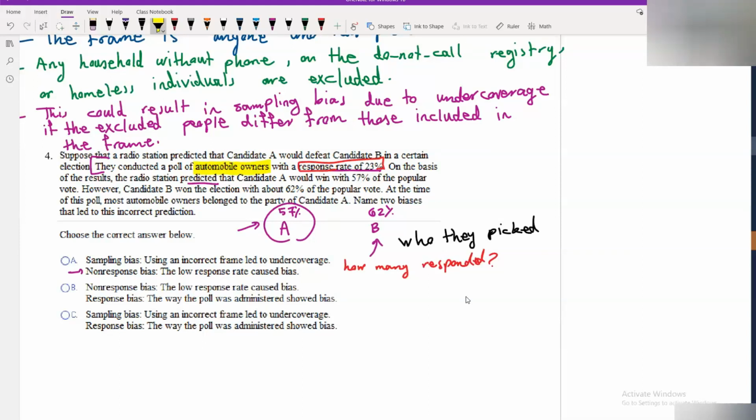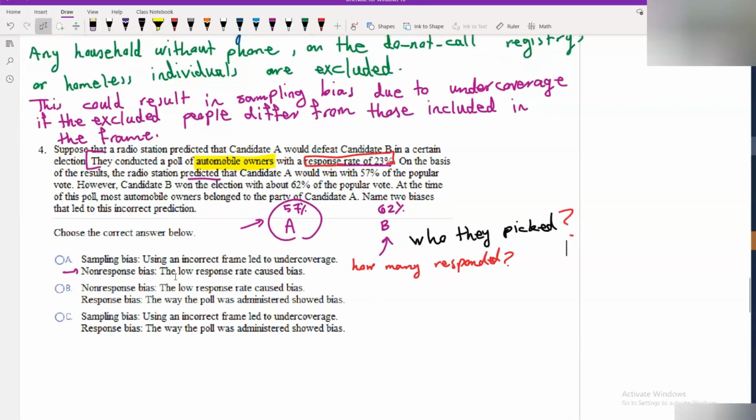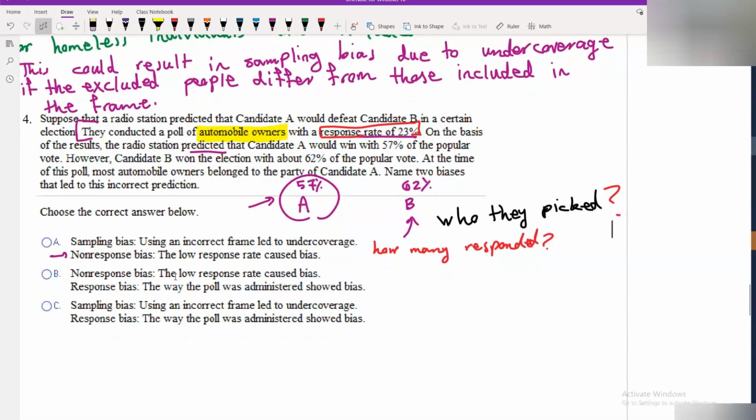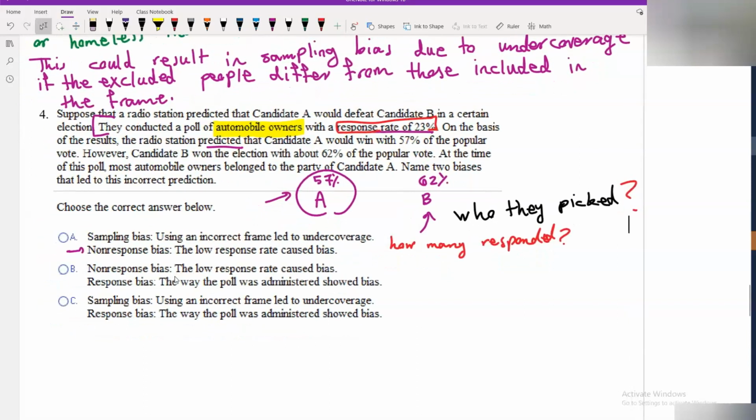We have to select our sample group from those owners. So our answer is A, because of having an incorrect frame and also because of having a low response rate.